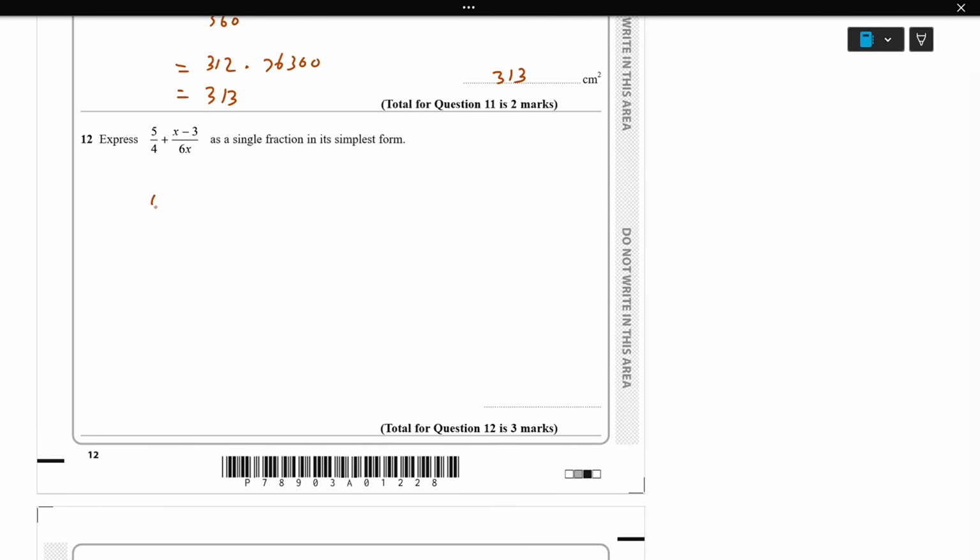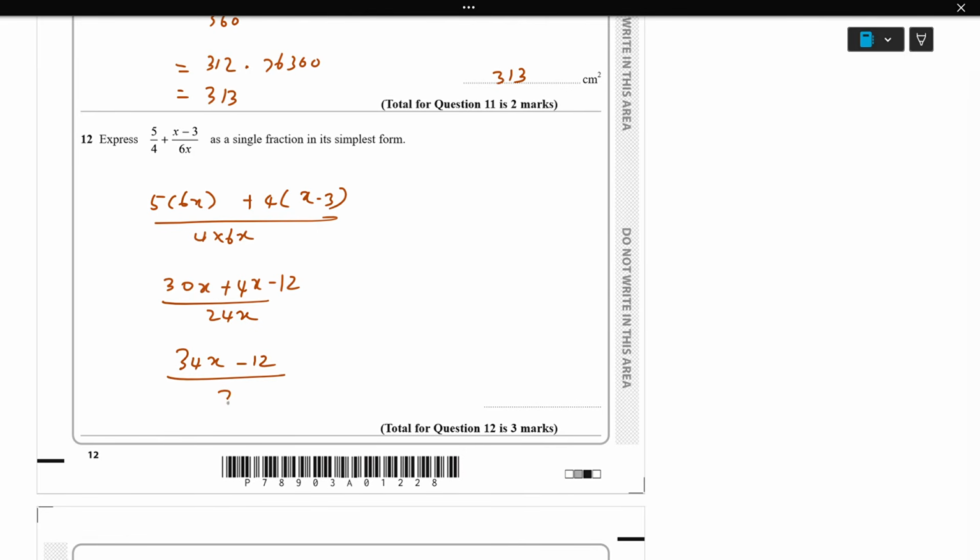Next, question 12, express as a single fraction. So we have to do the LCM. Multiply 6x here, multiply 4 here. 5 times 6x plus 4 times x minus 3, over 4 times 6x, which is 30x plus 4x minus 12 over 24x, which is 34x minus 12 over 24x.